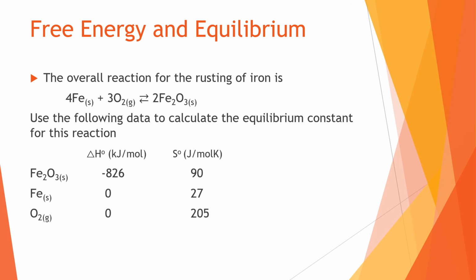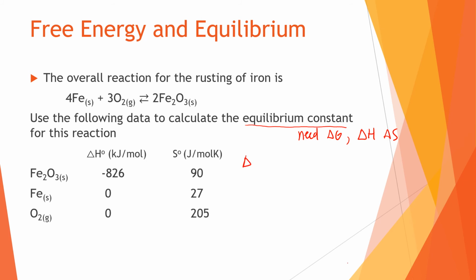All right, so I'm given another one, the overall reaction from the rusting of iron, and we're asked to calculate the equilibrium constant. So here we truly are putting everything together, because in order to get the equilibrium constant, we need delta G. And in order to get delta G, we're going to have to calculate delta H and delta S. So let's do this one at a time.